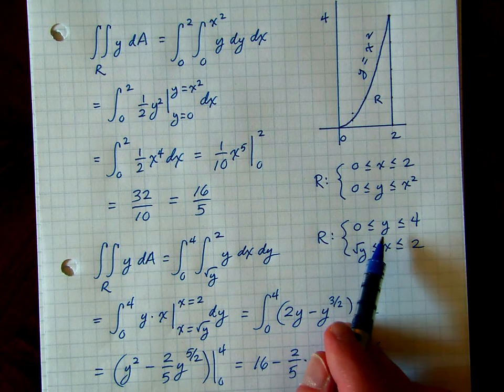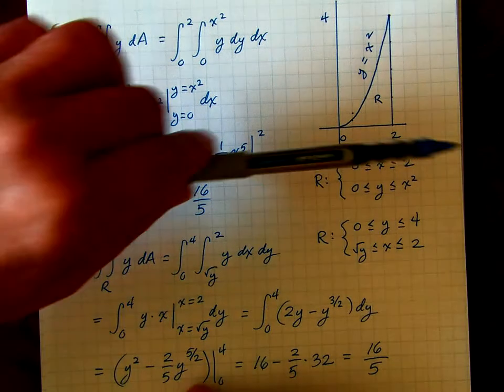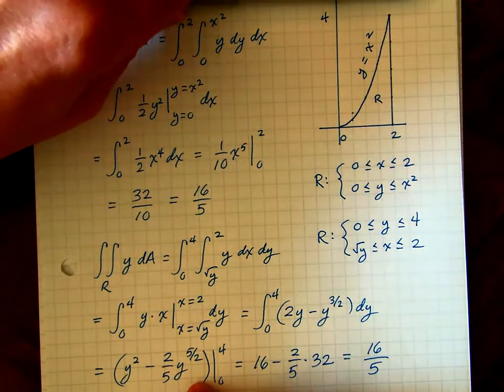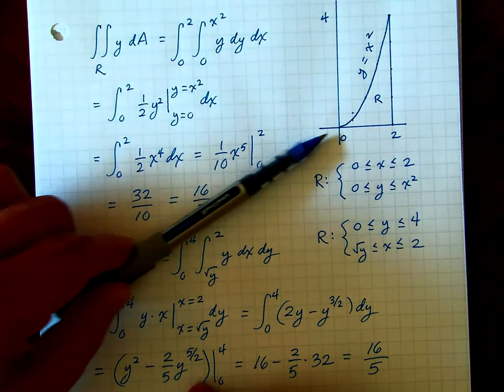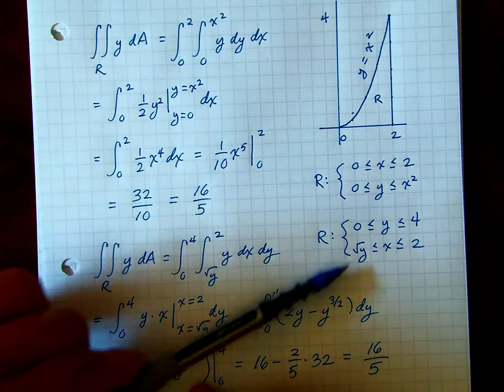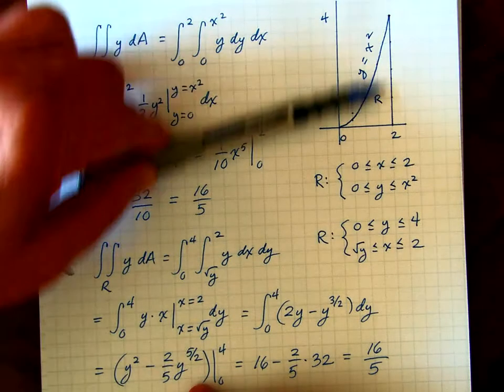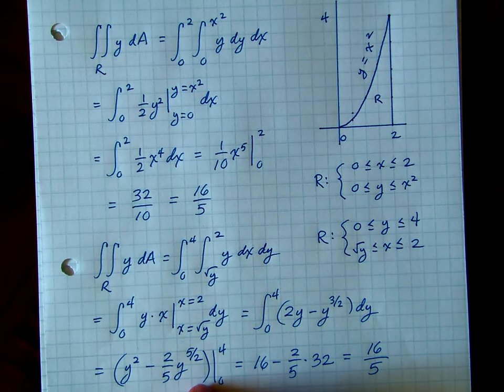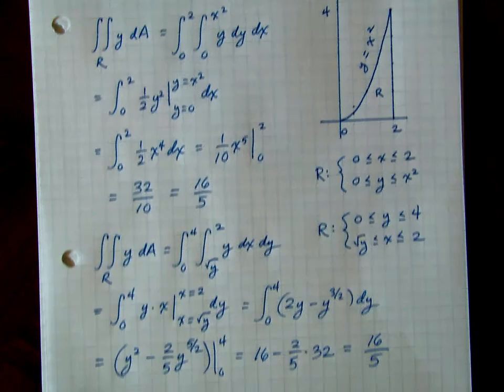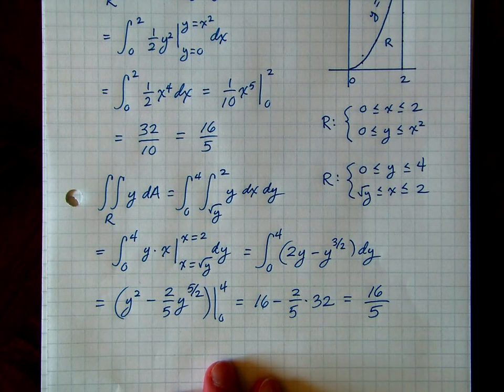If I instead look at this, notice what I'm doing. Now, y is going from 0 up to 4, and x is going from the left boundary, x equals square root of y, to the right-hand boundary, the vertical line x equals 2. So, when I did the computation again, with the limits reversed, again, I got 16/5.